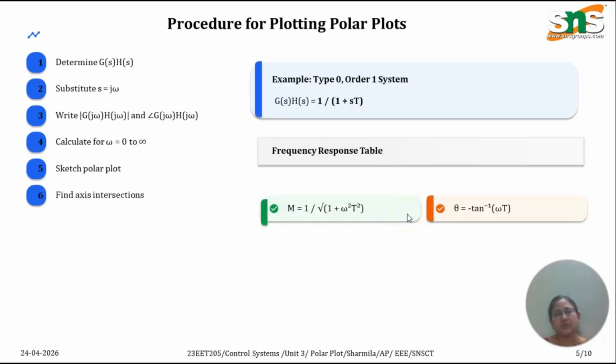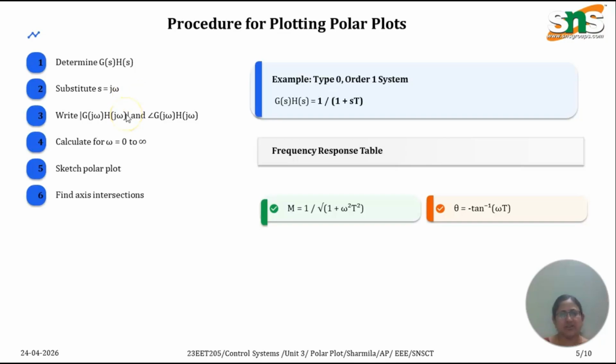Next we see the procedure for plotting polar plots. So now let's look into the step-by-step procedure. Step 1 is to determine the open loop transfer function, that is G(s)H(s). Step 2 is to substitute s equal to jω to convert this into the frequency domain.